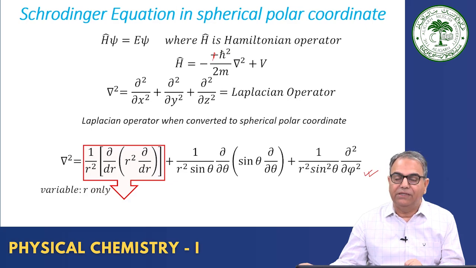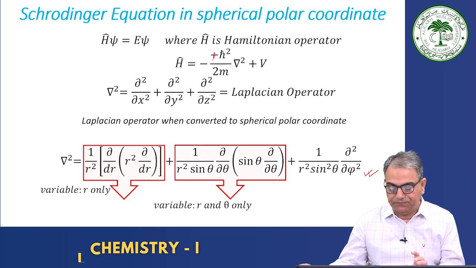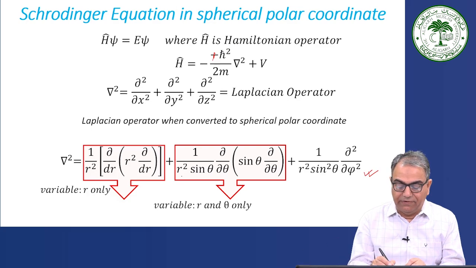See the complexity: the first term has only one variable, r only, no theta, no phi. In the second term, you have both r and theta as variables, because you have 1 by r squared and then theta everywhere.